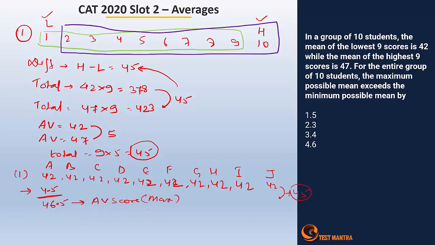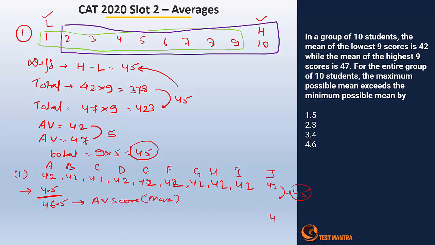The same logic is applicable if I'll consider the second condition. That's nothing but the average score is 47 here. So let's consider the score of these 9 people as 47.